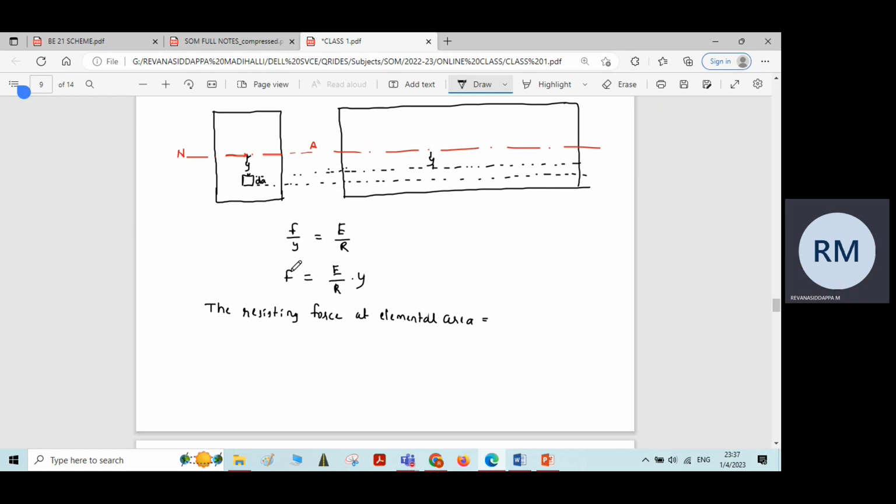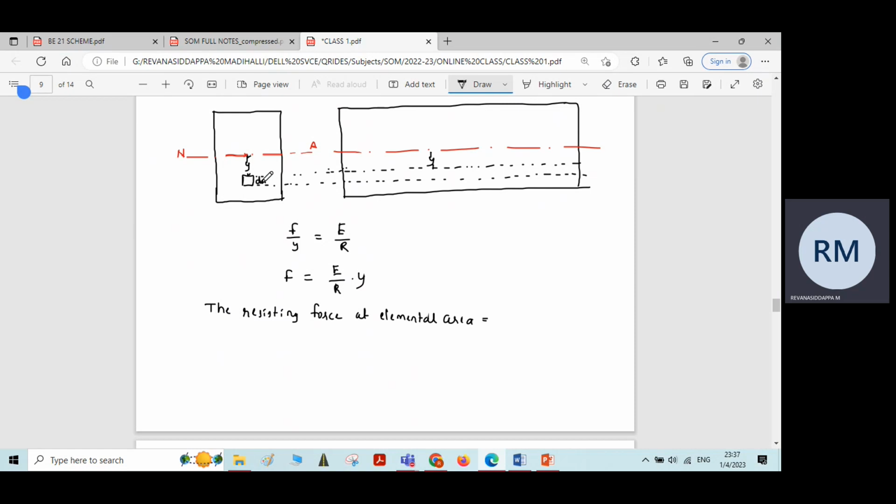Correct. So whatever equation we have derived, F, that is the bending stress equation. At elemental area dA, we have F as the stress which is acting. That stress multiplied by cross sectional area dA will give the resisting force.